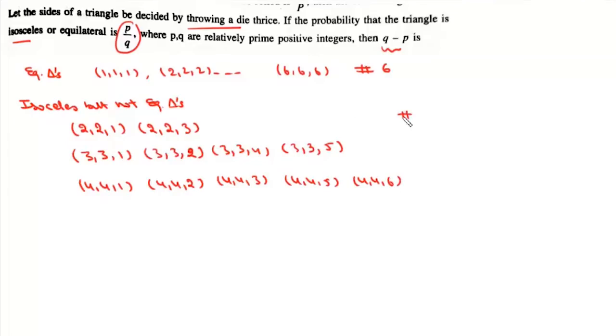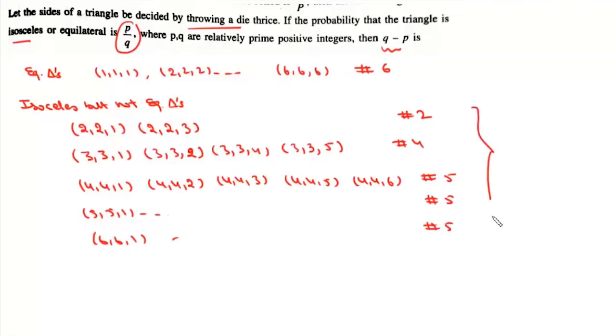So we have 2 cases here, 4 cases here and 5 cases here. For 5 also we'll have 5 cases except for 5, 5, 5. And for 6 also we'll have 5 cases here. So the total number of isosceles triangles which are possible is 15 plus 6, and there'll be 21.